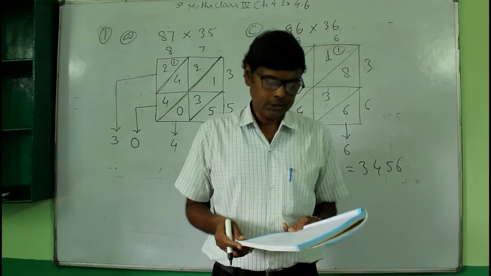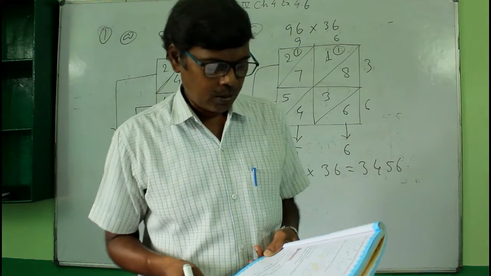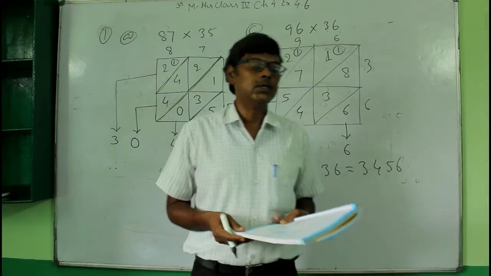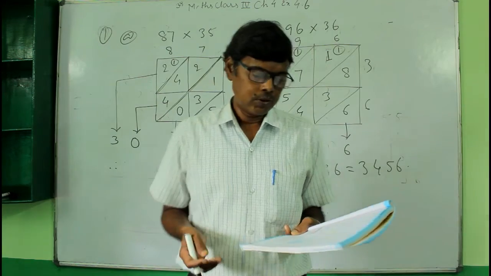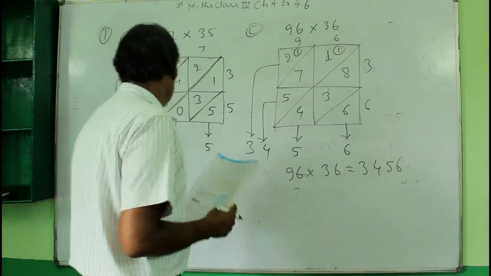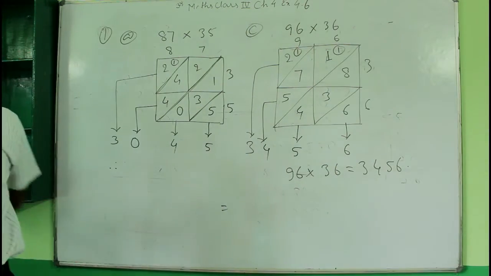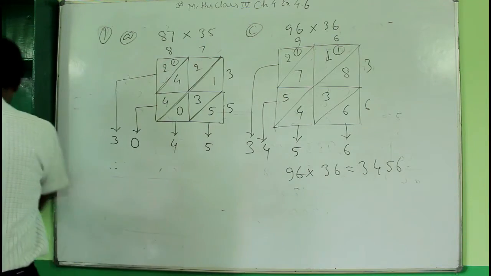Now in question number 2, we have to multiply the given numbers by using lattice multiplication as well as by the standard or general method. So let us solve one question from this.